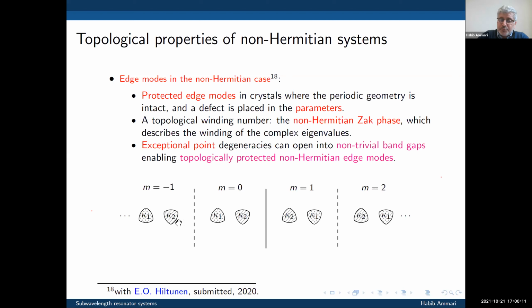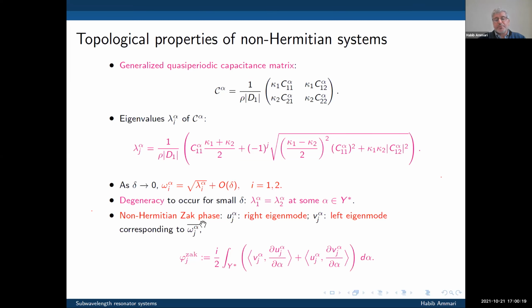And we can open this exceptional degeneracy by swapping kappa 1 and kappa 2. Okay, so this is the analog of this non-Hermitian Zak phase. Now, because the problem is non-Hermitian, you have a right eigenmode and a left eigenmode. You compute the Zak phase like this. You need to take care of the right and left eigenmodes.